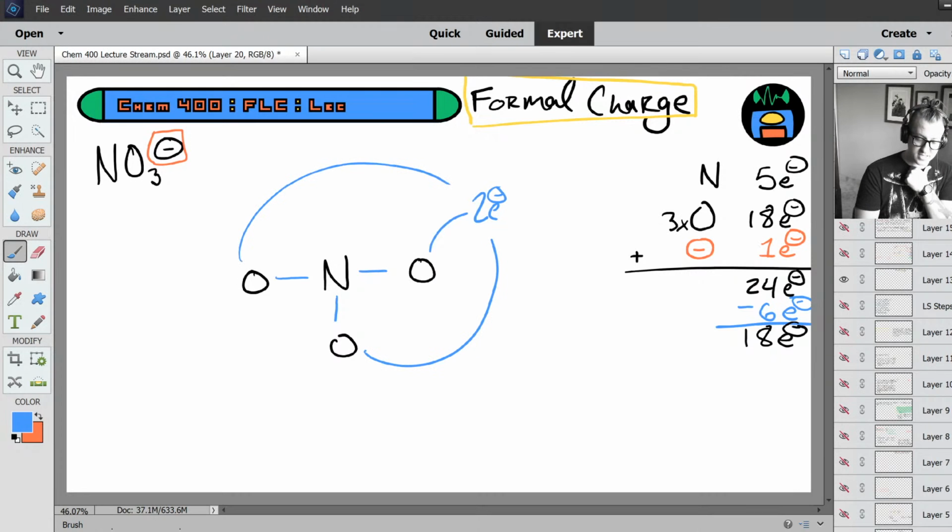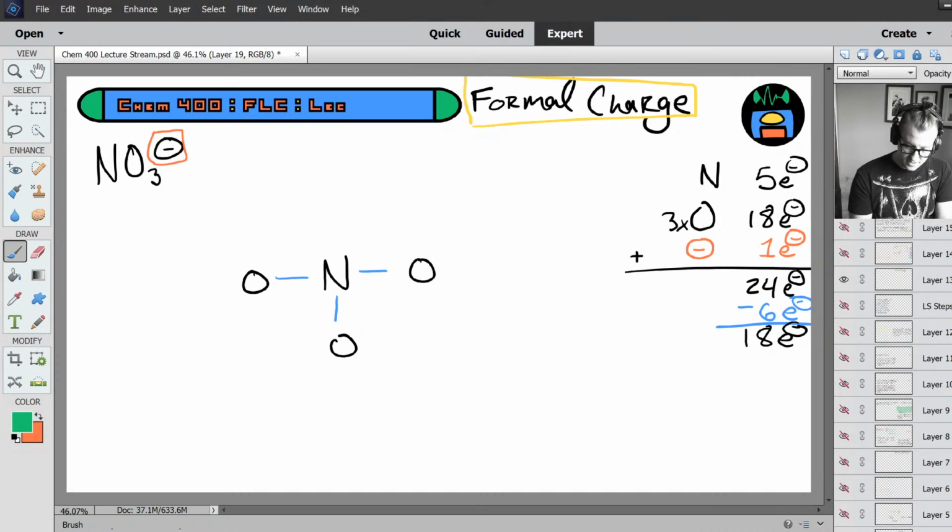Each oxygen has access to 2 electrons and needs 6 more. So we've got 3 oxygens that need 6 electrons. 3 times 6 is 18, and that turns out to be the remainder of our budget. We have just enough to give every oxygen in this molecule a full octet.